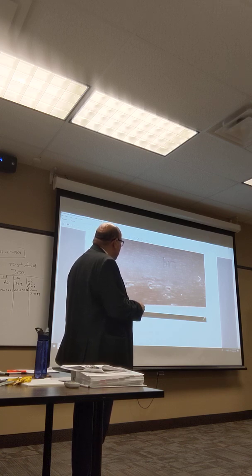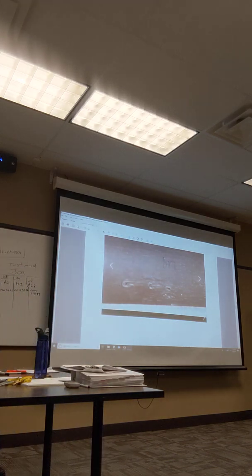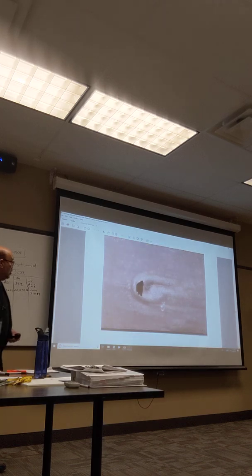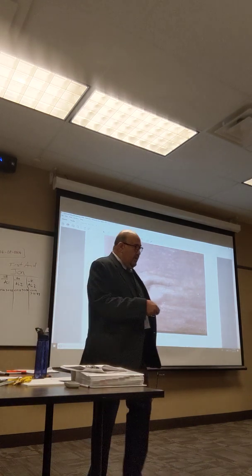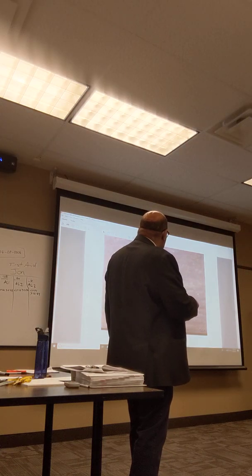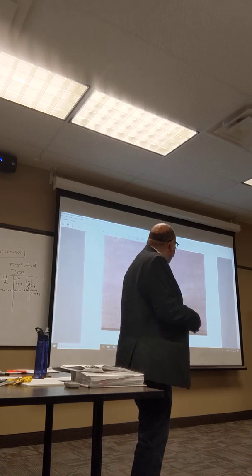I can have other pictures further. And here, that's a close-up. You can see the flow is going in this direction here, and this location here is harder for the erosion, so it's going around it. But still, we have the pit here.